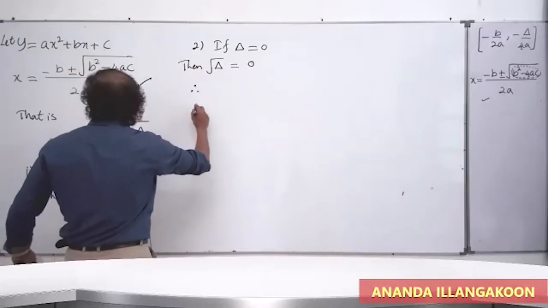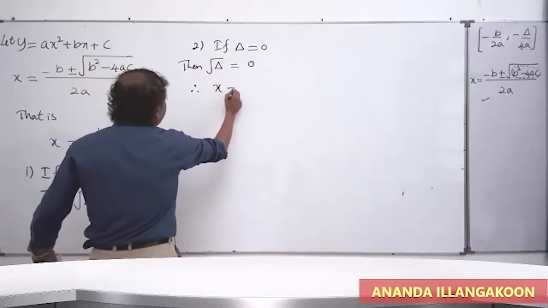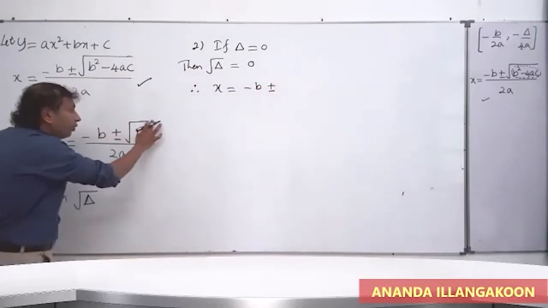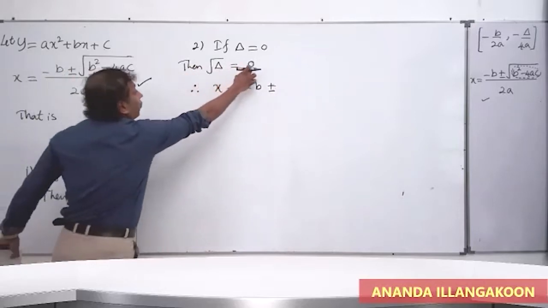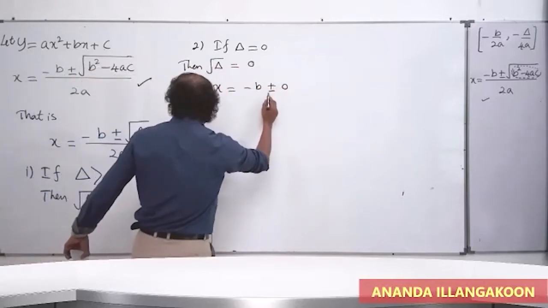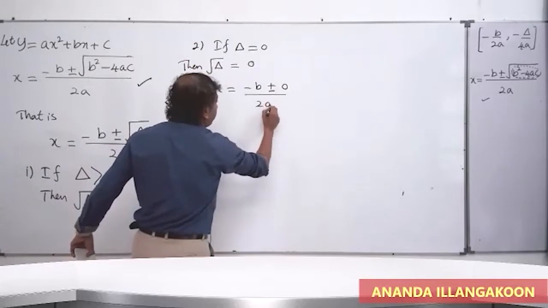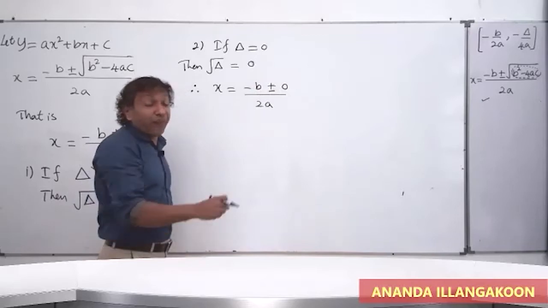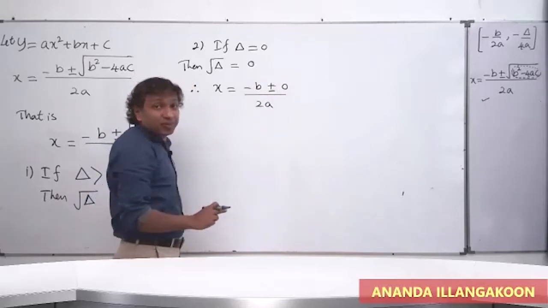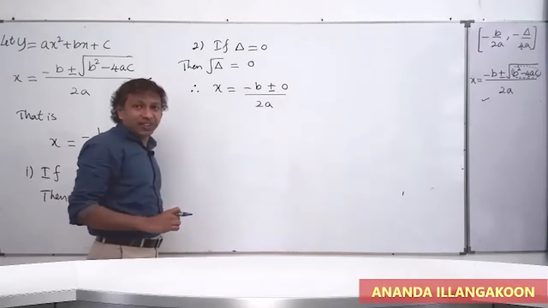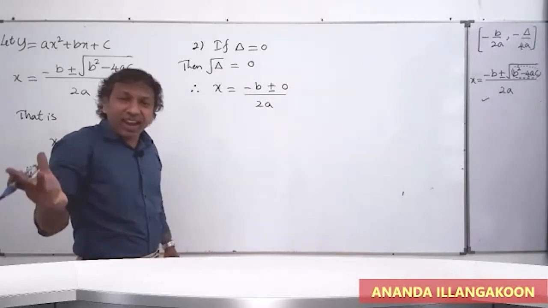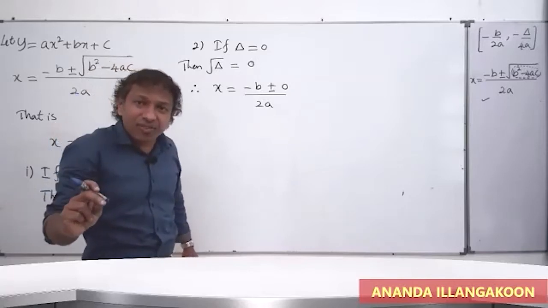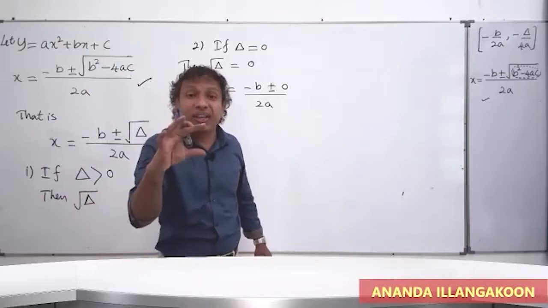Therefore, you can write x equals minus b plus or minus 0 divided by 2a. Once you add 0 to minus b, or subtract this 0 from minus b, the numerator won't change. Whether we take the plus sign or the minus sign, both times we get the same answer for x.